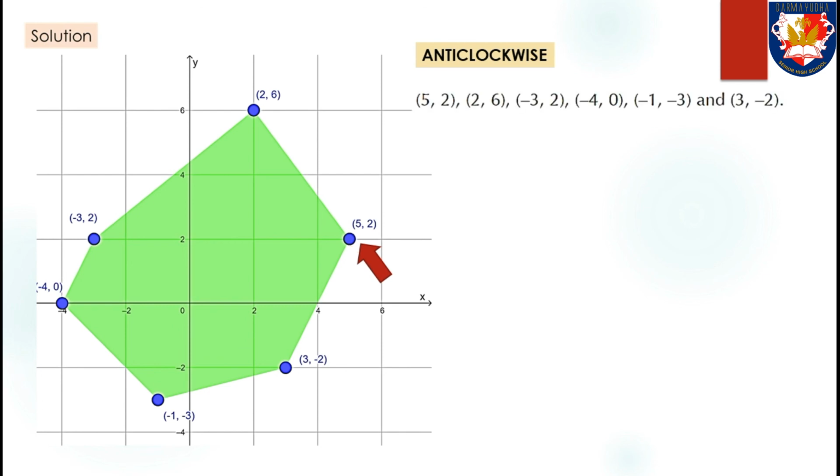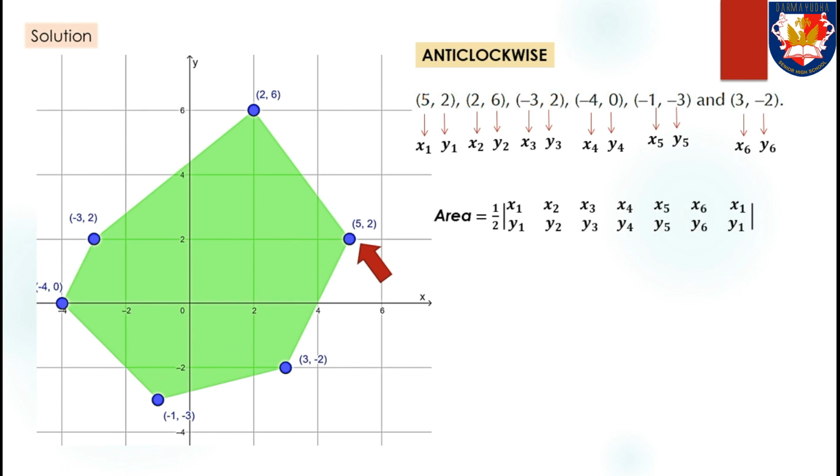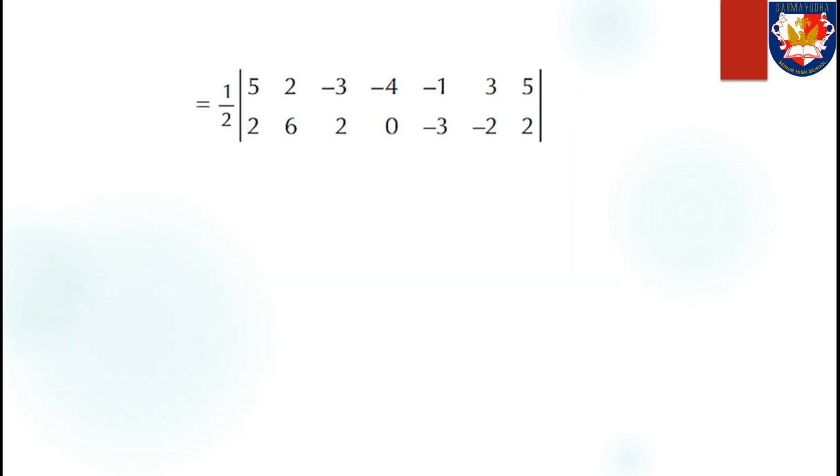As the result, we have x1, y1 until x6, y6 in order. The area of the hexagon is 1/2 times x1, y1, x2, y2 until x6, y6 and return back to x1, y1. Substituting the values will be like this. We multiply as usual: 5 times 6, 2 times 2, -3 times 0, -4 times -3, -1 times -2, 3 times 2.